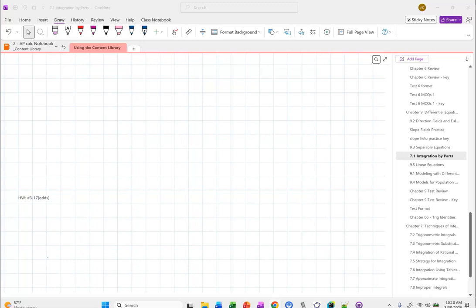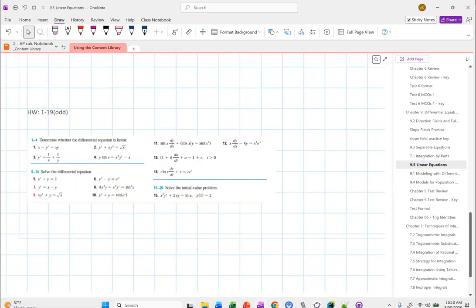So for the integration by parts, 3 through 17 odd. And then for 9.5, that was 1 through 19 odd. Easter Sunday. Okay, got that all in there.